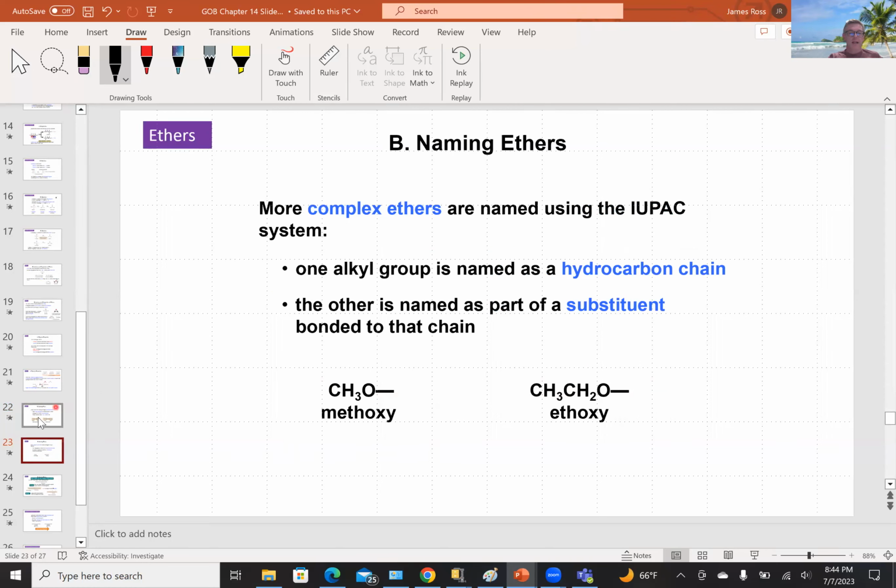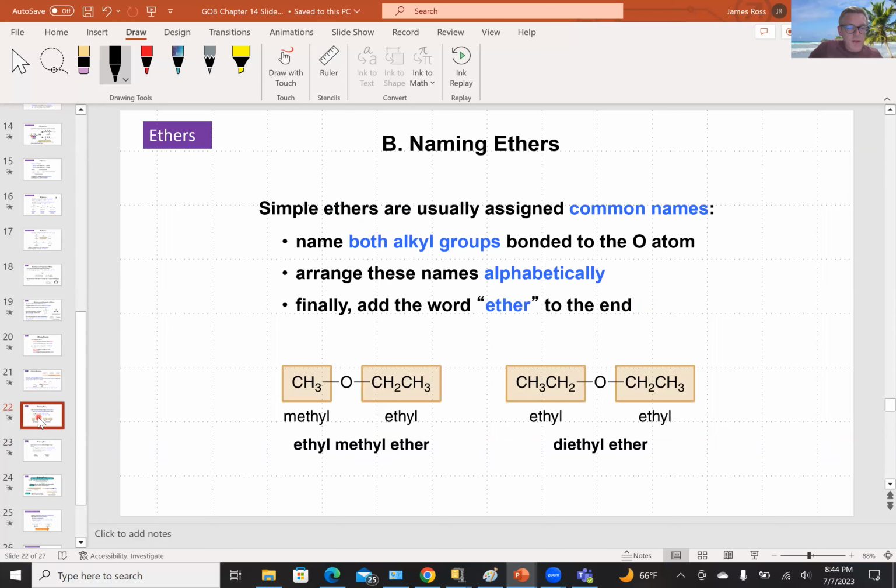The next slide is going to give you the more complex IUPAC name, but I'll go ahead and add them here just to give us extra examples. If we wanted to give this the IUPAC name, we would look at the longest chain, which here is ethyl.